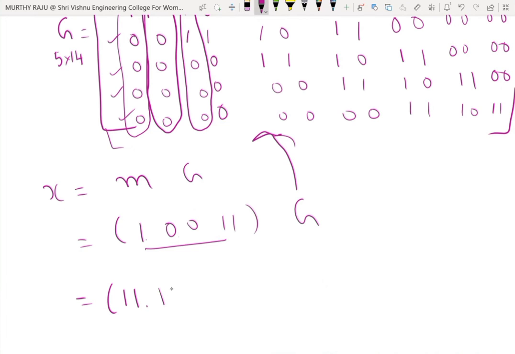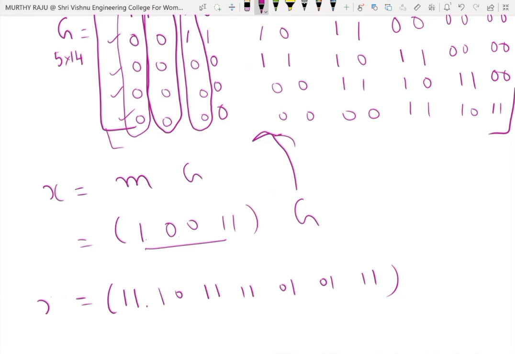Like that, we will get 14 bits for the given message sequence: 11, 10, 11, 11, 01, 01, 1, and so on, 14 bits in all.